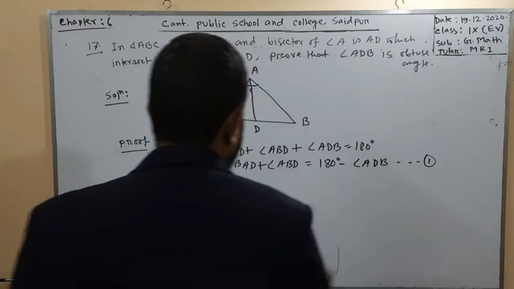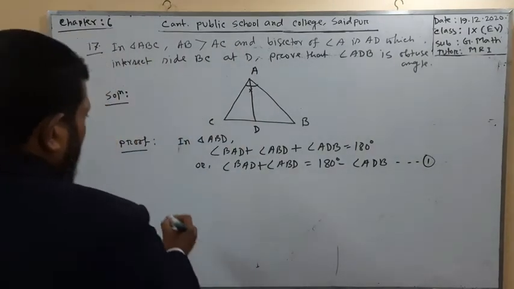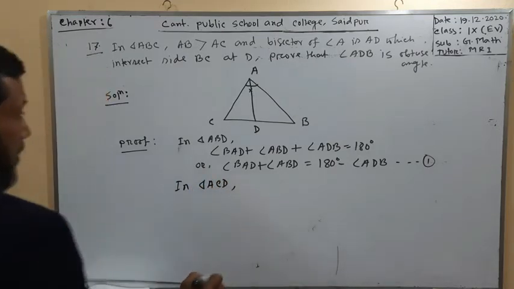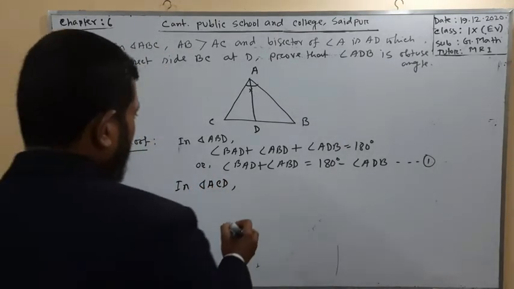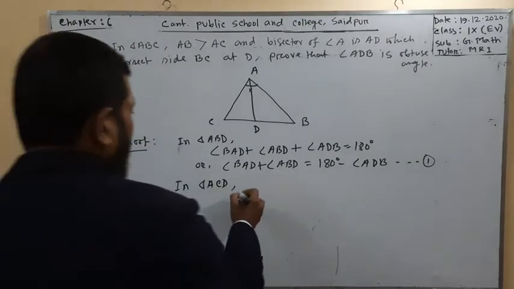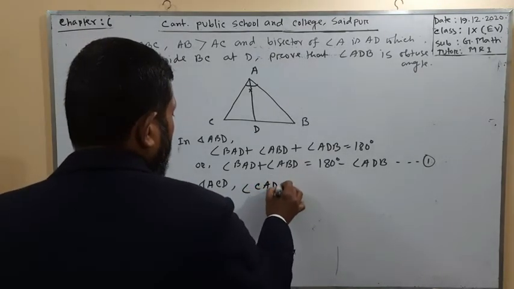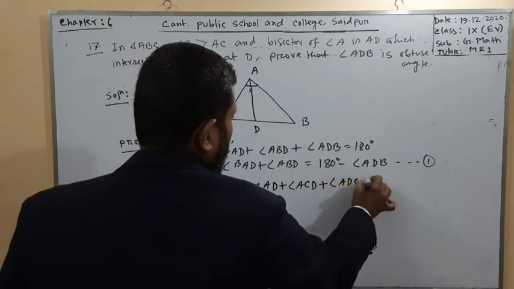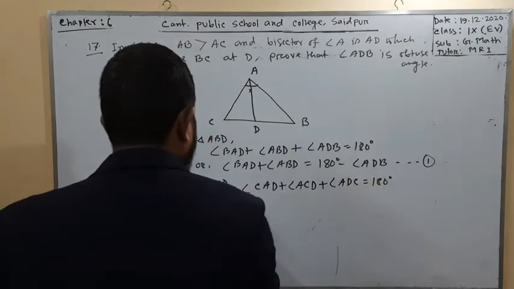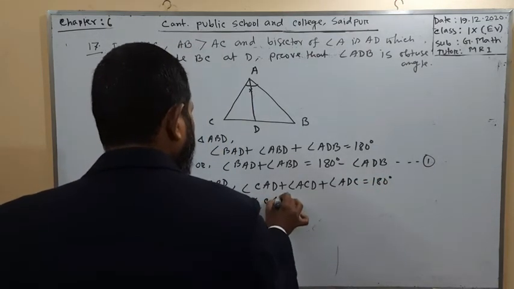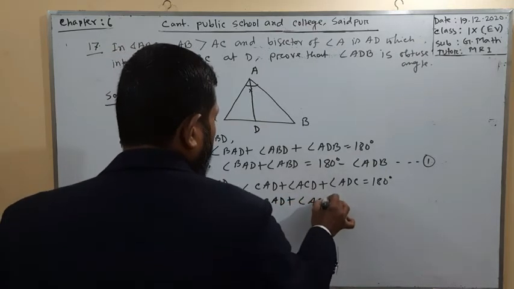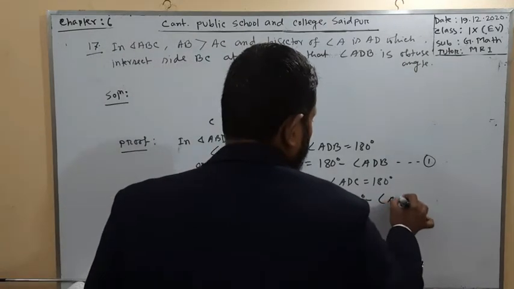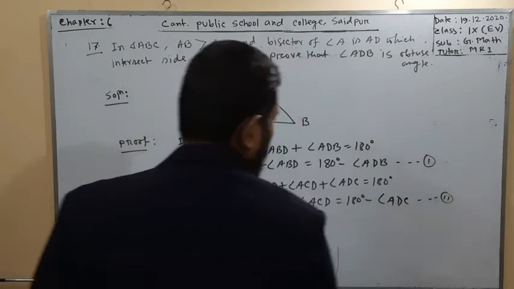Suppose this is our equation number 1. Again, for triangle ACD, the sum of three angles of this triangle is 180 degrees. CAD plus ACD plus ADC is equal to 180 degrees, or CAD plus ACD is equal to 180 minus ADC. And this is equation number 2.